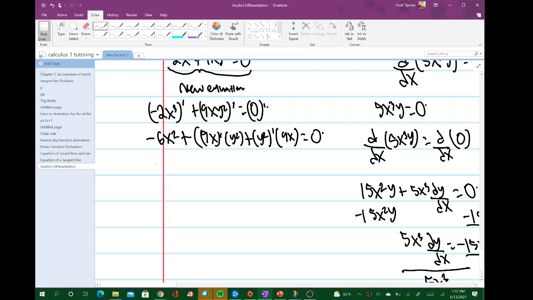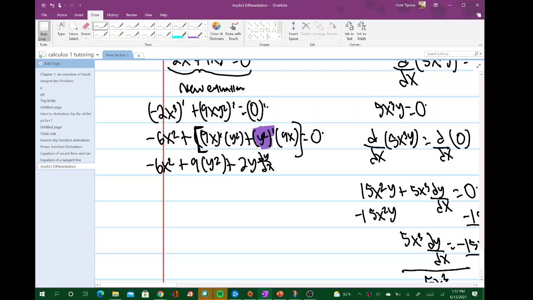So then we have, and this is all in brackets, by the way, negative 6x squared plus 9x prime, that's 9 times y squared, plus this part here, y squared prime is going to be plus 2y dy dx, because again, the derivative of y squared is just 2y dy dx.